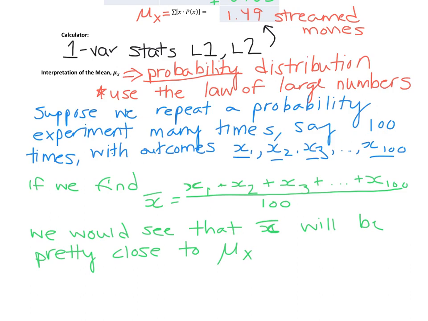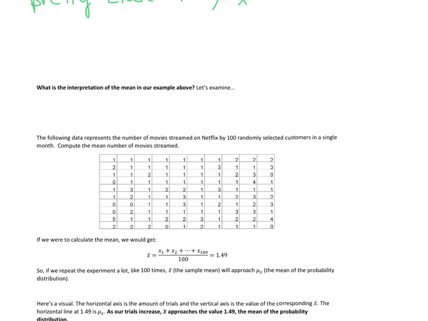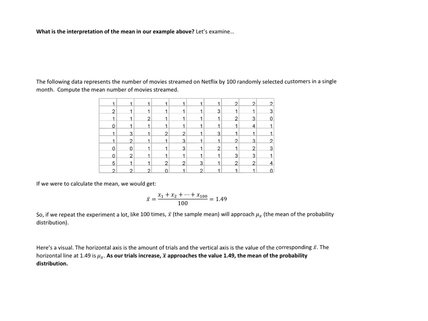All right, so let's apply it to our example. What is the interpretation of the mean in our example? Well, that's exactly what happened. This chunk of data right here represents the number of movies streamed on Netflix by 100 randomly selected customers in a single month. We're going to compute the mean number of movies streamed from this list of 100.